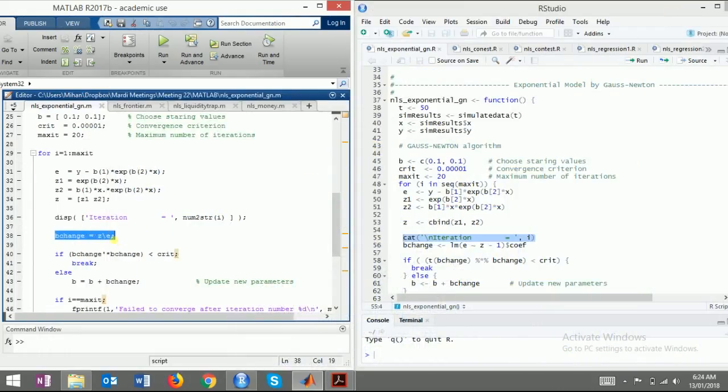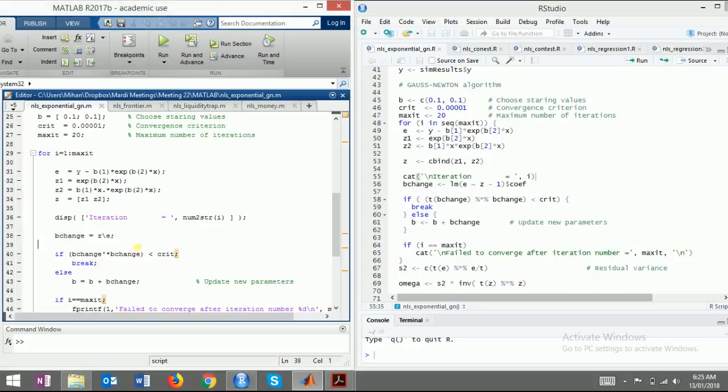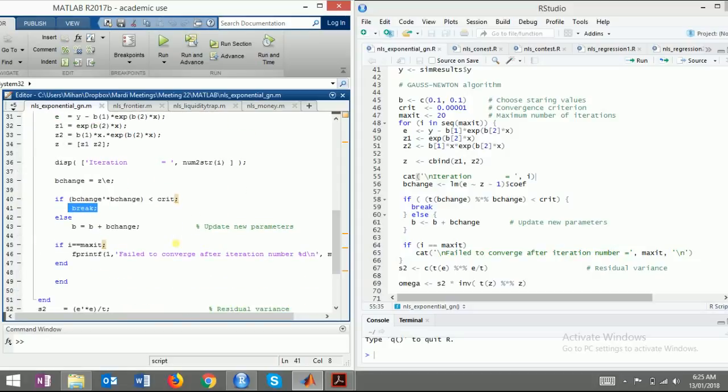B change is that we are regressing U on Z1 and Z2 to obtain the change delta 1 and delta 2. If delta 1 and delta 2 that we are analyzing, if those squared is less than critical value, then that's all we need to do. Otherwise we'll have to continue.